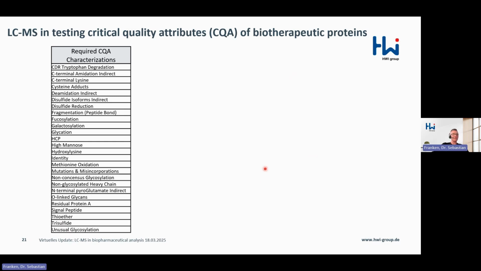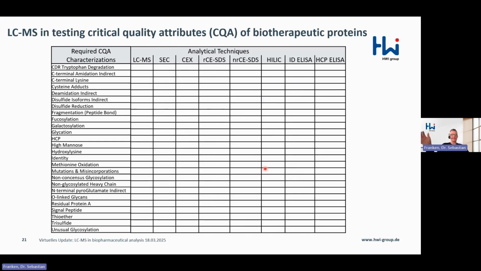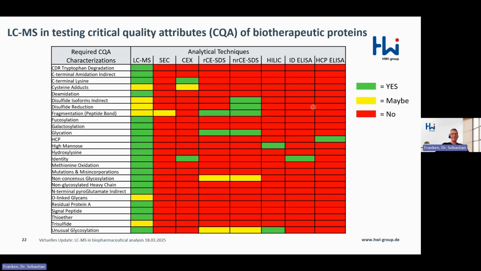And if you plot this against the techniques that are commonly used in biopharmaceutical analysis, like LC-MS or size exclusion chromatography, capillary electrophoresis, or ELISAs, then you see that LC-MS is really the technique that covers the broadest range of these critical quality attributes. So it is really the technique of choice.